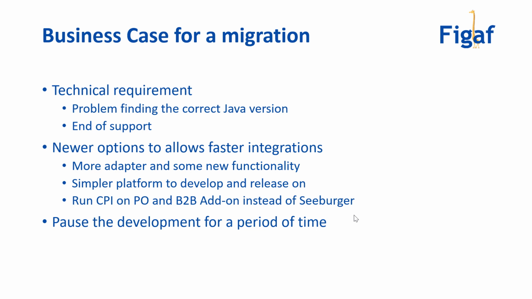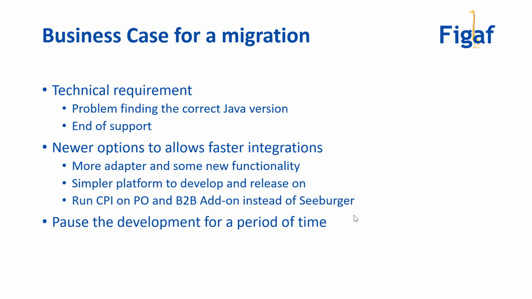Downloading the old Java version and running it on some VM is just terrible. And obviously running such a critical platform that's no longer supported is a no-go in most occasions.